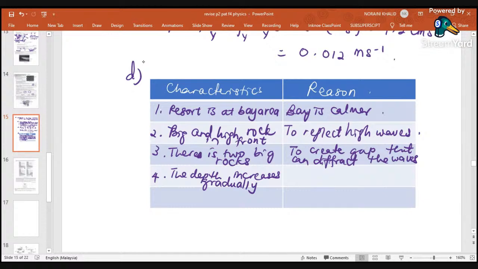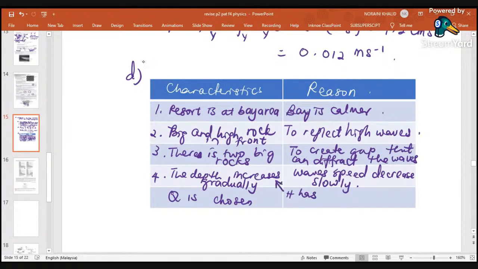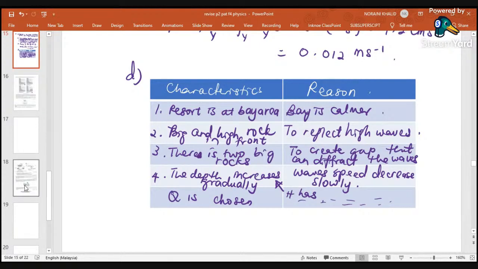So what caused this is that wave speed decreases slowly. So from here we choose what? Q is chosen. Again, you copy the reason that you explain in the left side column. So from here you get 10 marks also. So that is for number 10.